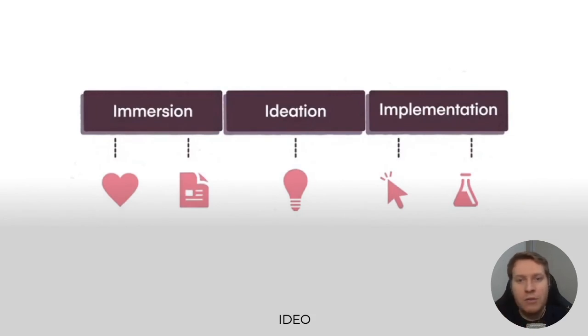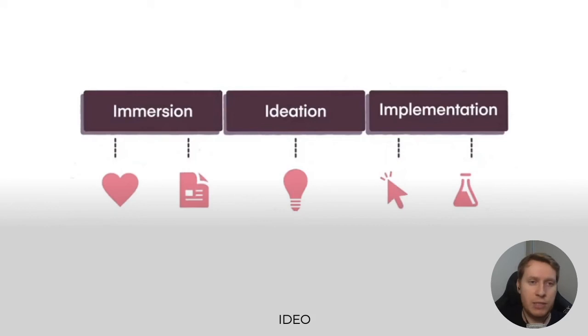So all this process, although they are different in the terminology, we can divide them into three different phases. It's the way that IDEO, the design consulting firm, uses to divide their design thinking process. The first phase is what they call immersion, where they dive deep into understanding the user's problems.